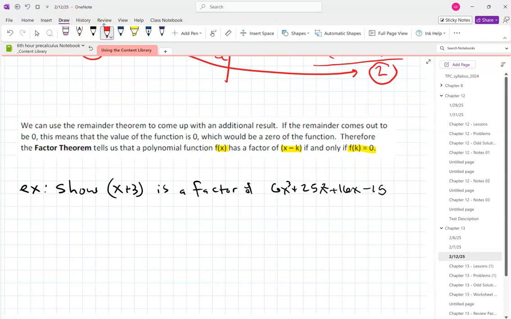All right, so the example says show that x plus 3 is a factor of 6x cubed plus 25x squared plus 16x minus 15. Well, I know that if the remainder is 0, we have a factor, so I could do long division to do this.